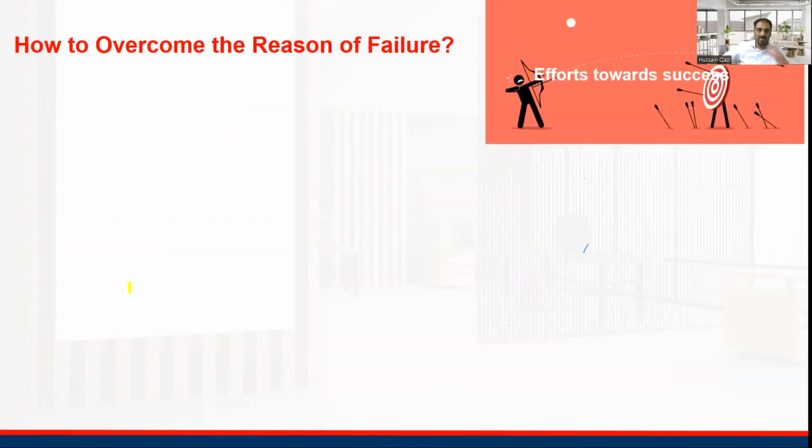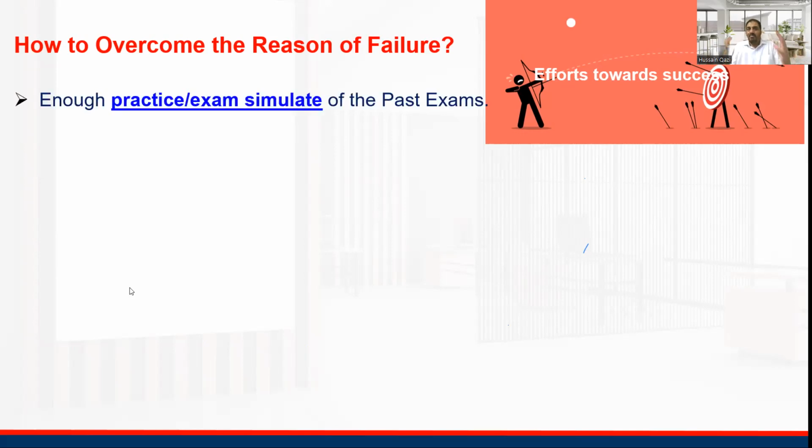How to overcome the reasons of the failure, means how to overcome these challenges. If you overcome these challenges, automatically you will be on track according to the examiner expectation. Practice or simulate the exam paper. What is the meaning of simulate? We will discuss later.